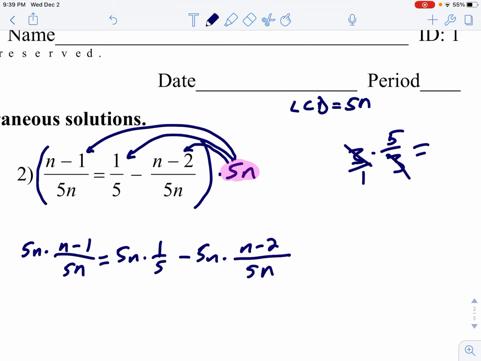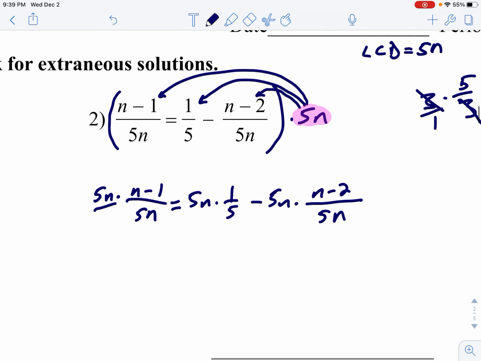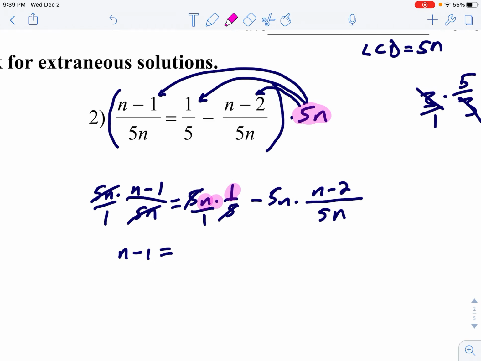You just ignore that and you get 5. So that's what's going to happen here. You can put this over 1 and those cancel out. You get n minus 1. Put this over 1. Here the 5's cancel out, leaving you with n times 1. n times 1 is just n.